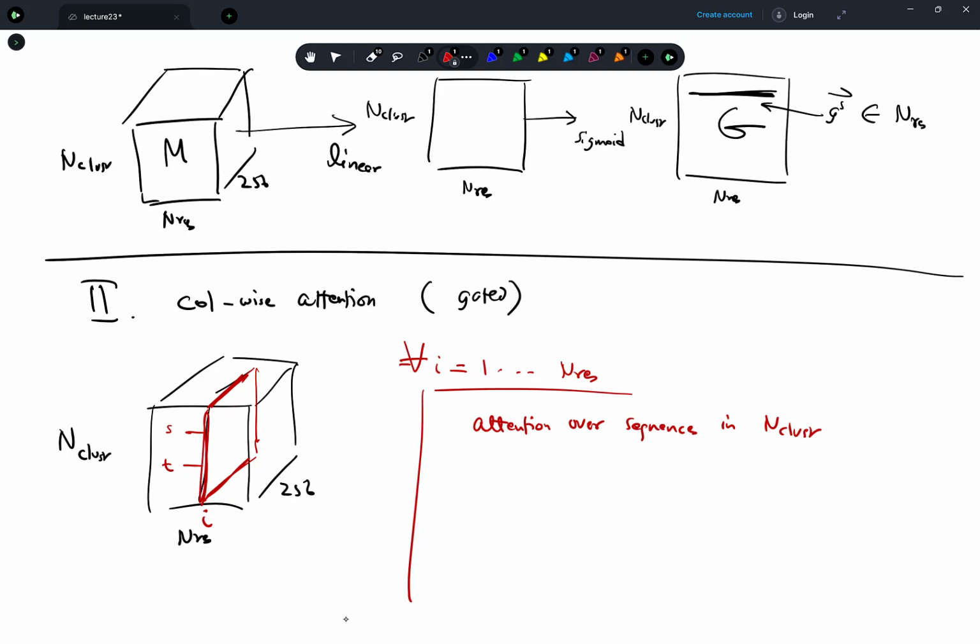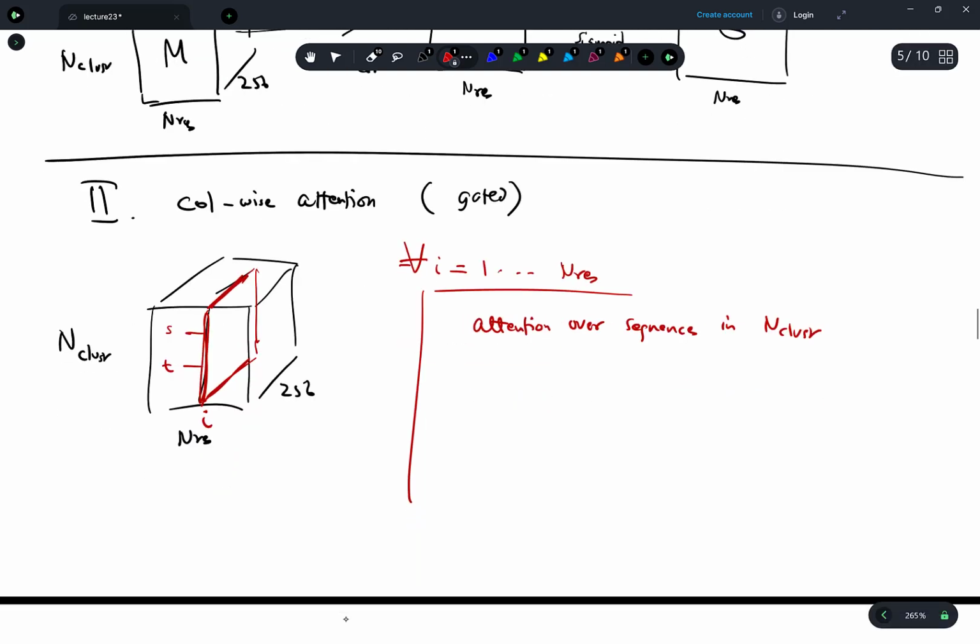What I'm going to do now is pick that slice. That slice now is going to be n clust by 256, as opposed to n res. And now it's easy, basically. No big deal.